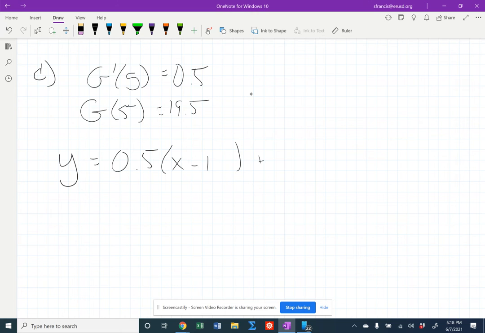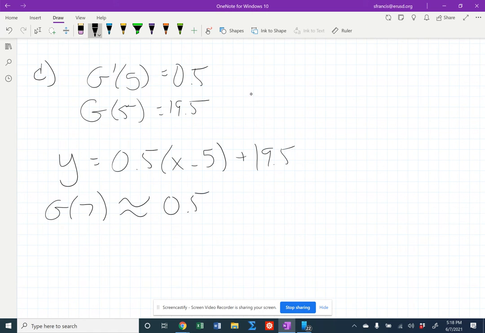I'm sorry, going too fast. And then the value of g of 7 is going to be approximately 0.5 times (7 minus 5) plus 19.5. 7 minus 5 is 2. 2 times a half is 1. So 1 plus 19.5 is 20.5.